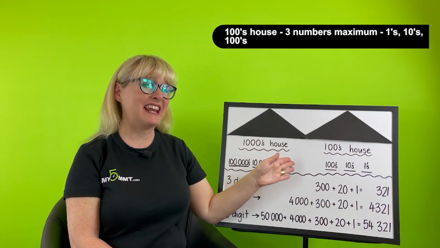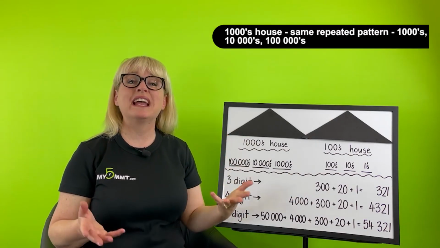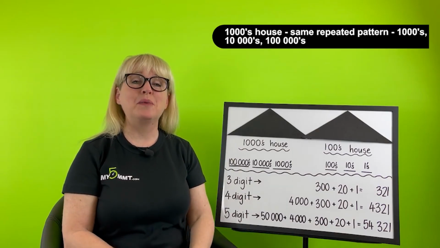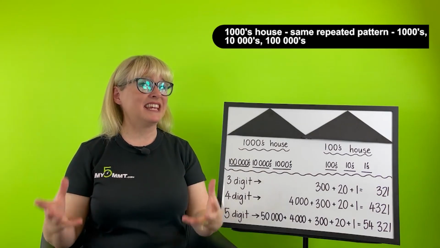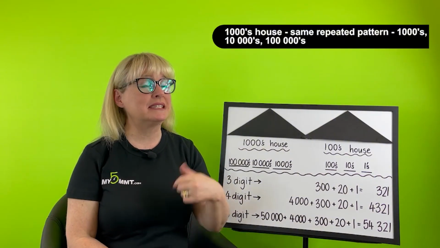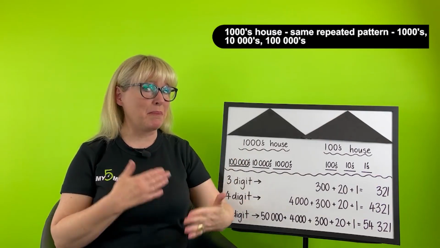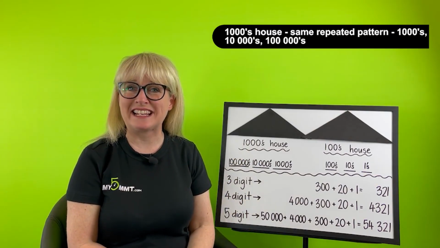Ones, tens, and hundreds. Then in the next house, which is the thousands house, we have the same repeated pattern. We have the single thousands, the tens of thousands, the hundreds of thousands. Every single time it's single, tens, hundreds. It repeats and repeats and repeats that pattern.